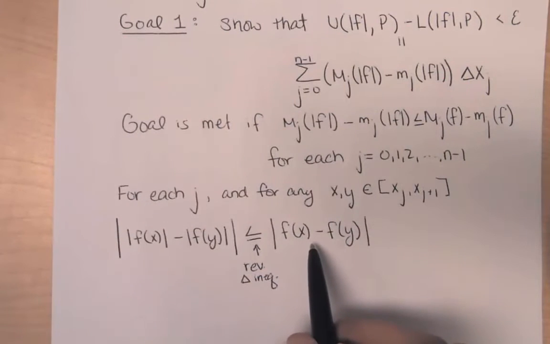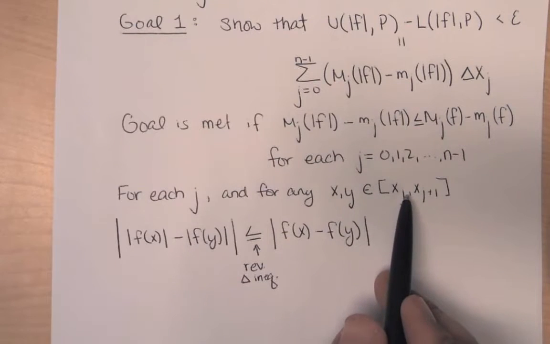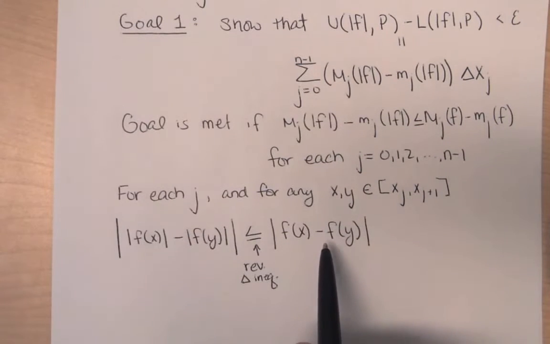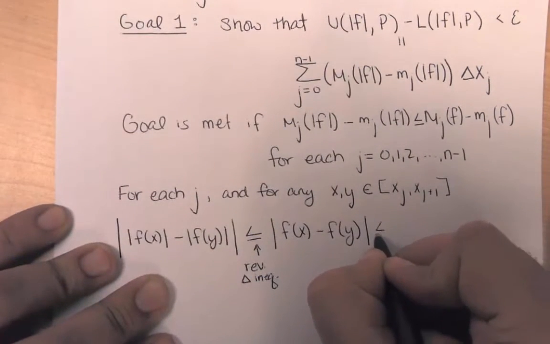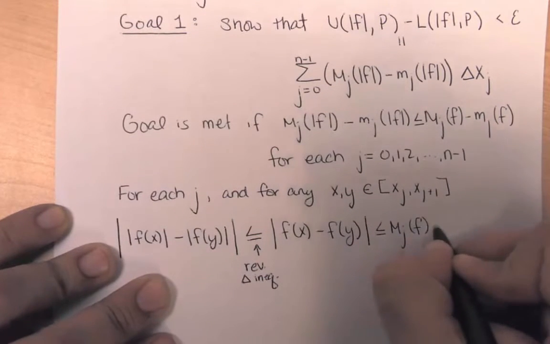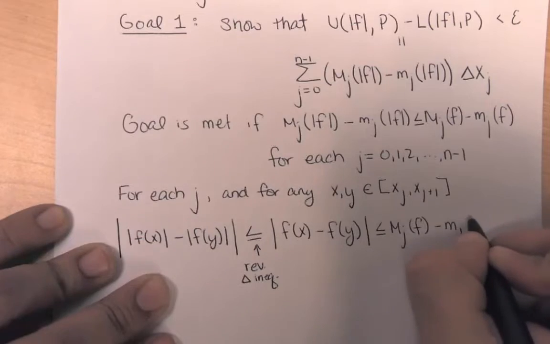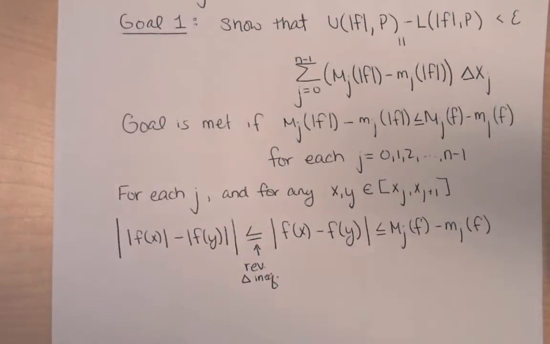And this says, right, how big can f of x be from f of y if x and y are within an interval? Well, the biggest apart this can possibly be is the supremum minus the infimum. Right, that's the biggest it could possibly be.